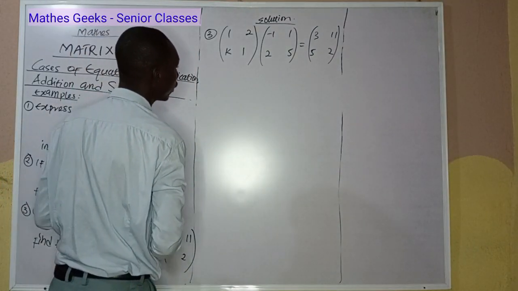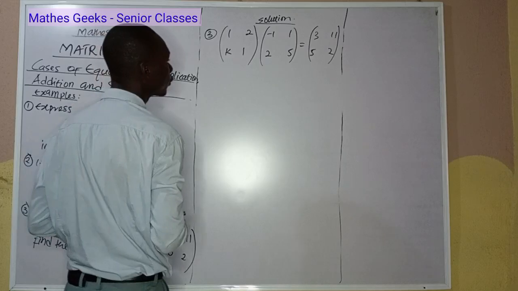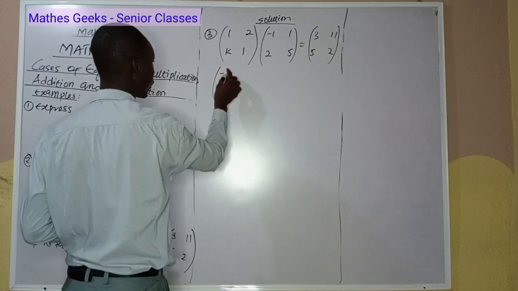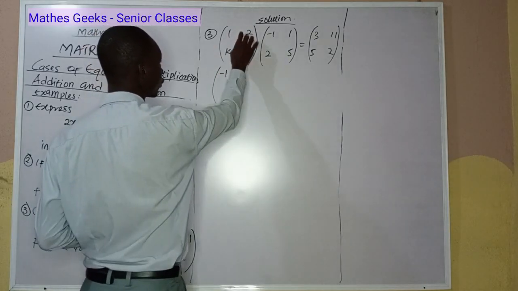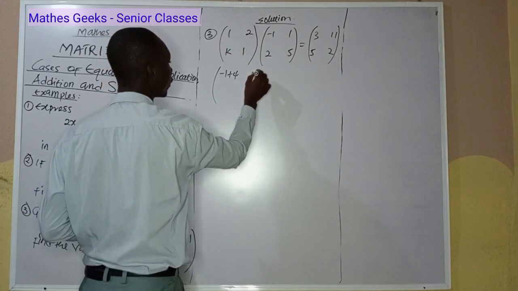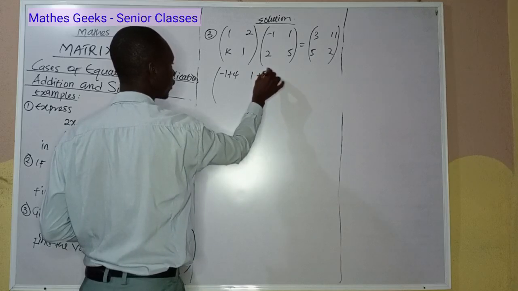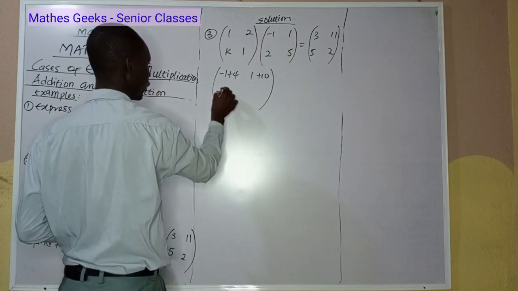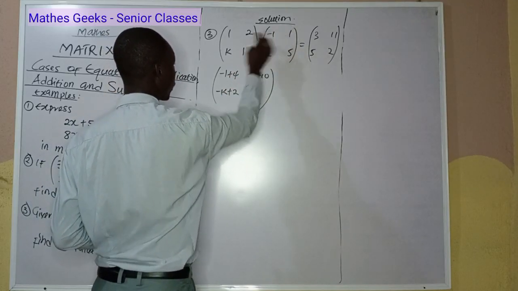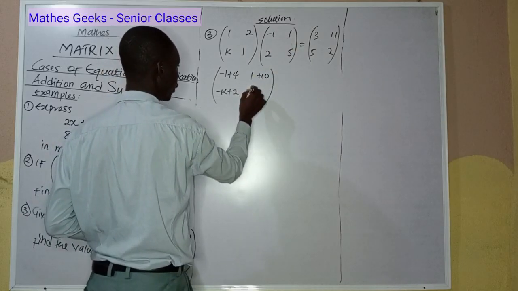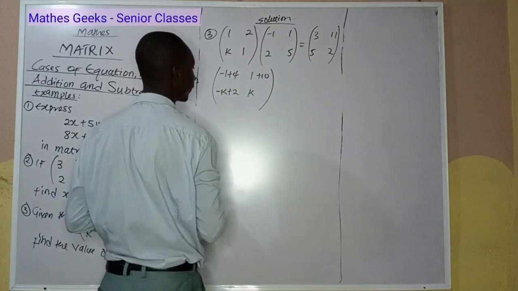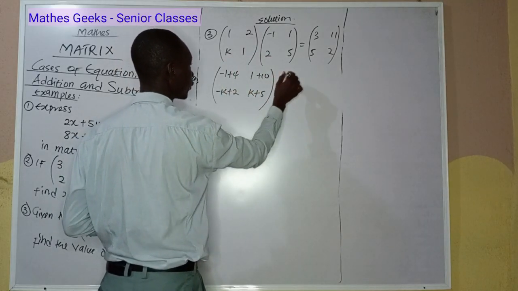So let's multiply. We're going to have 1 times -1 will give us -1, and 2 times 2 will give us +4. 1 times 1 gives us 1. 2 times 5 is plus 10. k times -1 is minus k. 1 times 2 is plus 2. k times 1 gives us k, and 1 times 5 is plus 5.